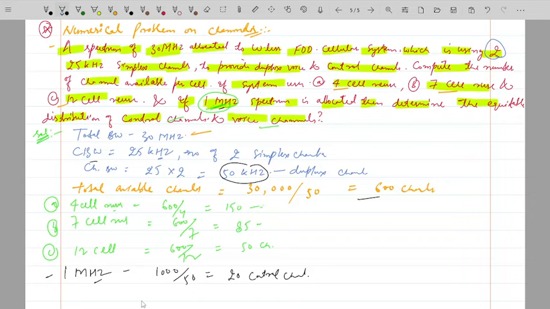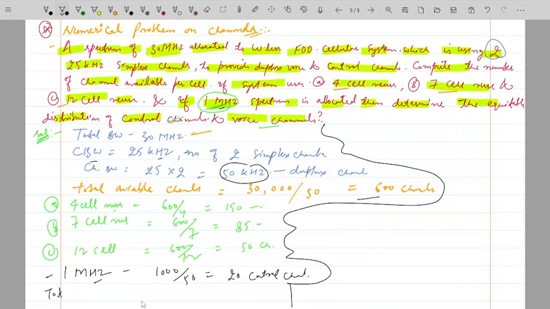Out of 600 total channels, we need to find out the total voice channels firstly. So here, how much are the total voice channels? 600 minus 20, because 600 is the total channels and includes the control channels.